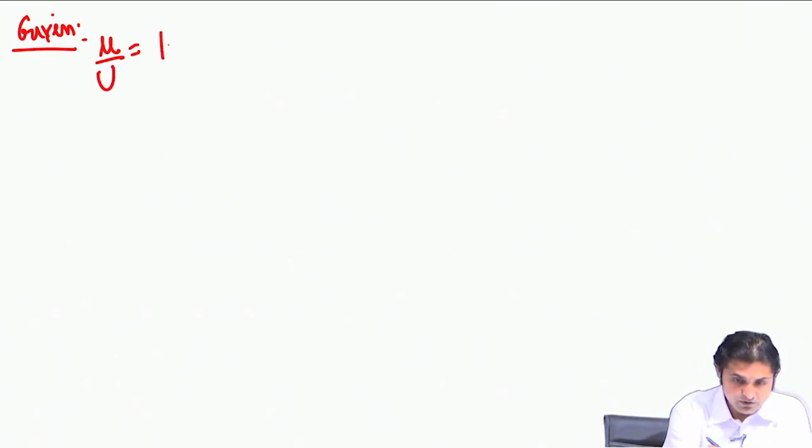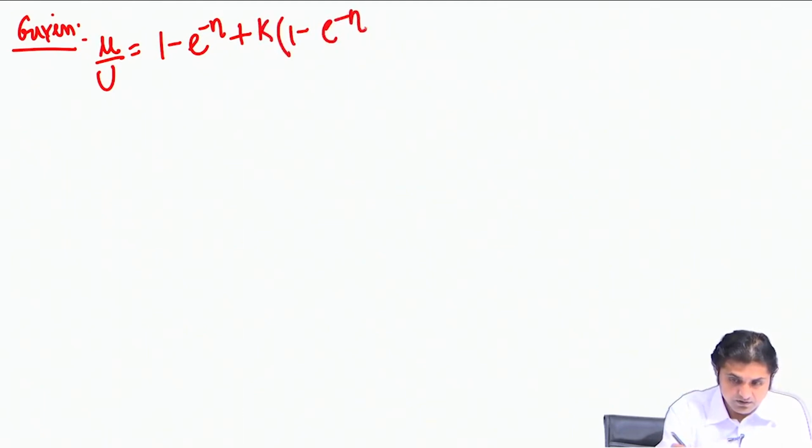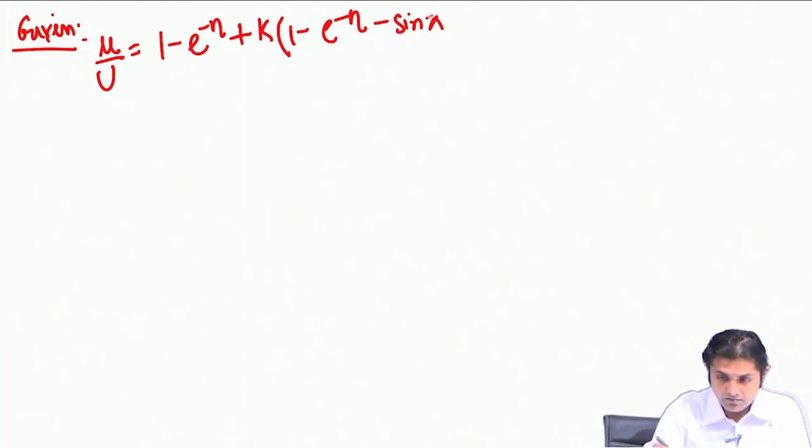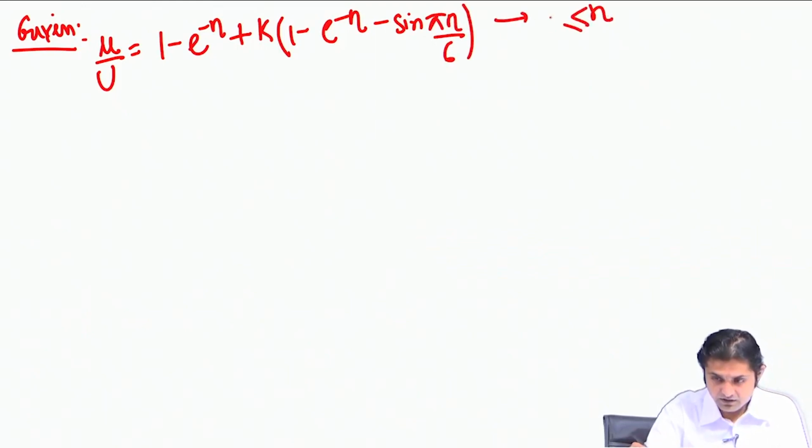So, we have been given u by capital U is equal to 1 minus e to the power minus eta plus k into 1 minus e to the power minus eta minus sin pi eta by 6, for eta greater than or equal to 0 and less than 3.